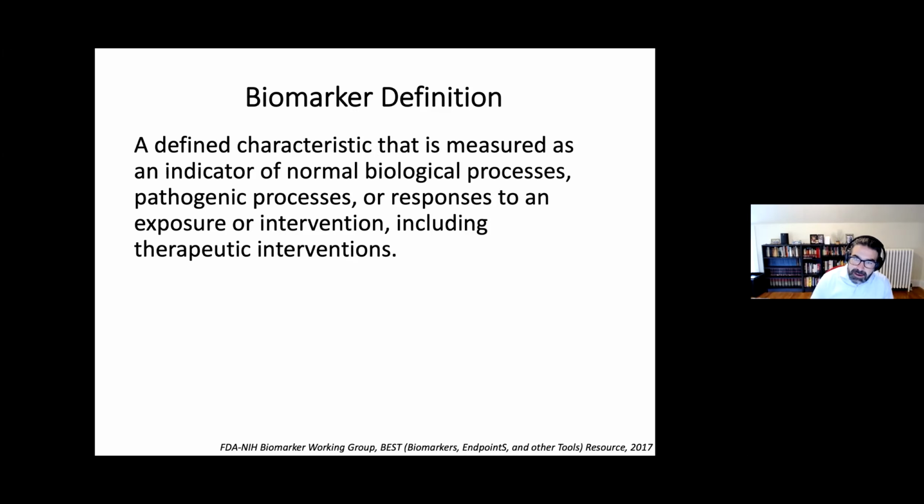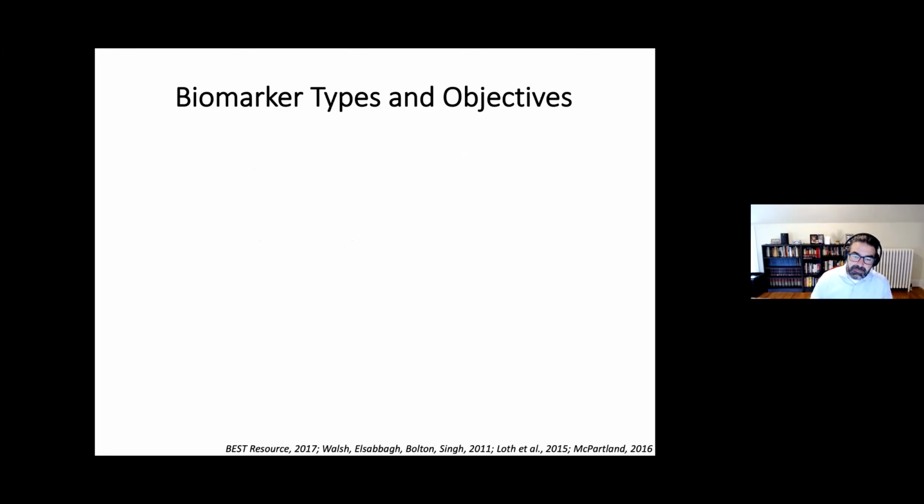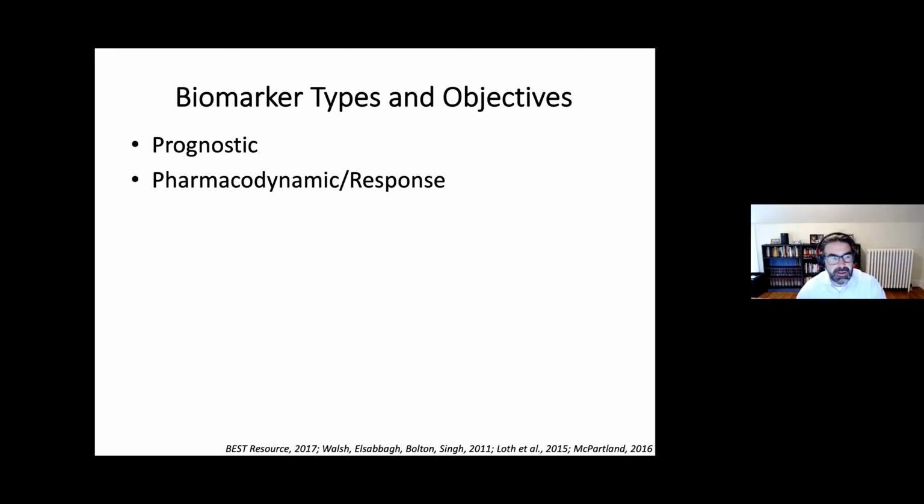When we talk about biomarkers, there are many different kinds of biomarkers, and they can serve many different purposes within autism. Here are a few key examples. A biomarker might have prognostic value. Maybe measuring a biomarker in a person with autism today can tell us something about their course, what they're going to look like, the course of the autism, how it will unfold over coming years.